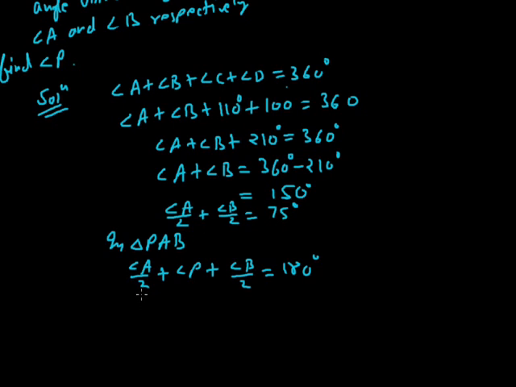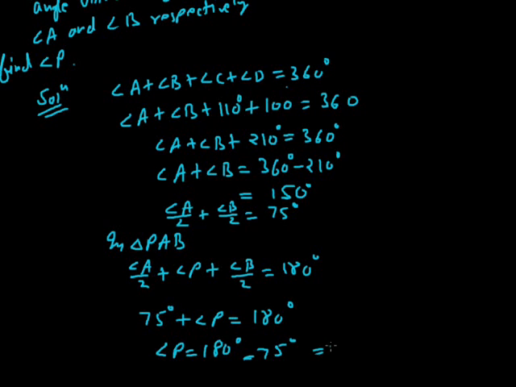So in this equation we put 75 degrees for A by 2 plus B by 2. So 75 degrees plus angle P is equal to 180 degrees. So angle P is equal to 180 degrees minus 75 degrees, that is equal to 105 degrees. So the value of angle P is equal to 105 degrees. Thank you.